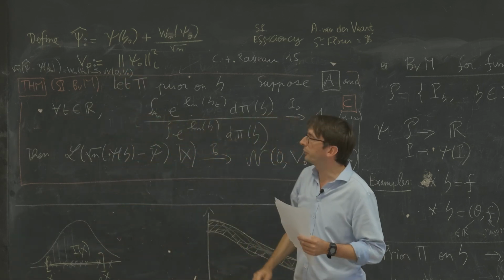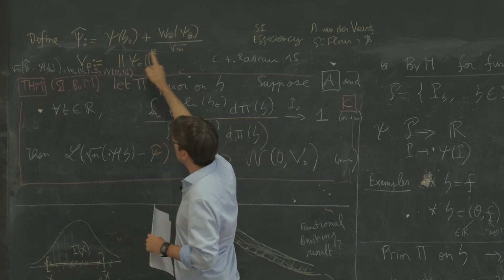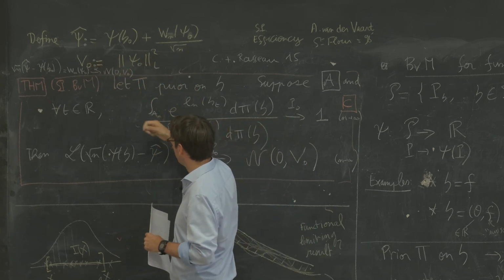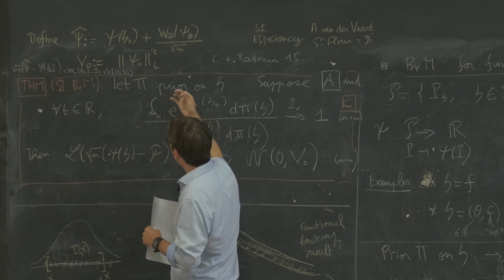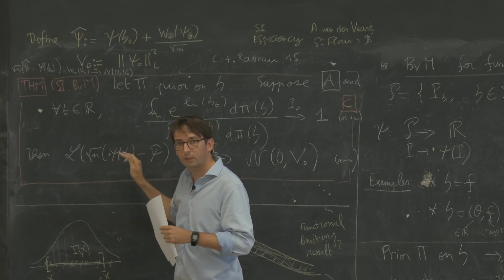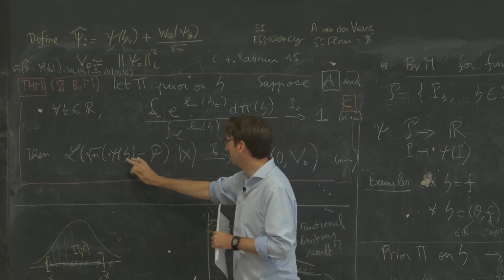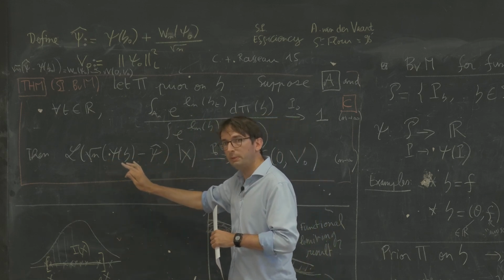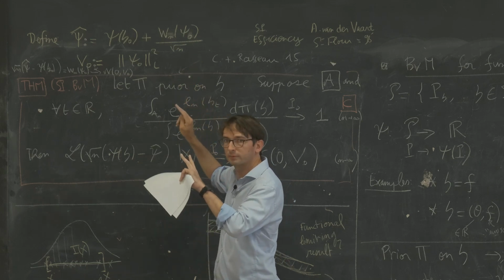This is not an estimator, it's more like a technical device that we use here. This is the theoretical centering, and in practice you may have a different centering. But this is just saying that the posterior distribution will be automatically centered around the correct point.